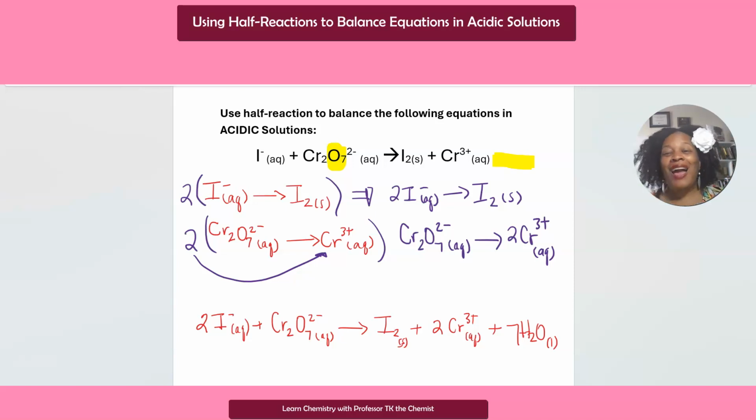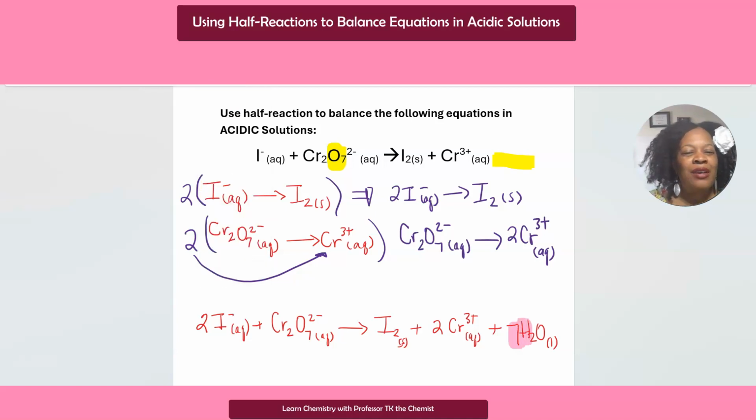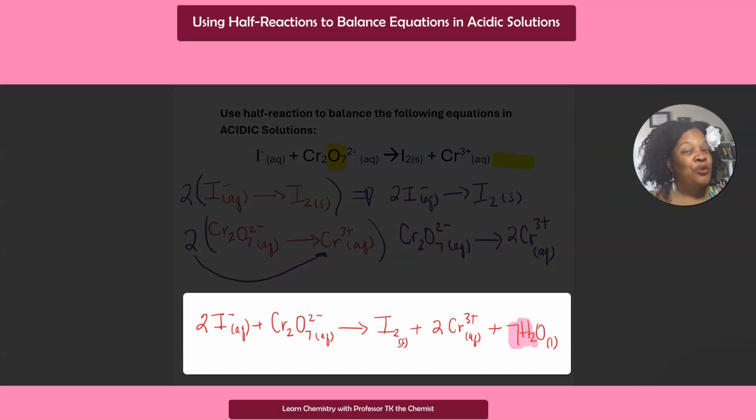But before we get to hydrogen, let's go ahead and watch what happens when we balance out our hydrogens. We have 14 hydrogens on the right-hand side as a result of us trying to balance out our oxygens. So let me show you what I mean by that, okay? So right here, we have 7 times 2 for your hydrogens that gives you 14.